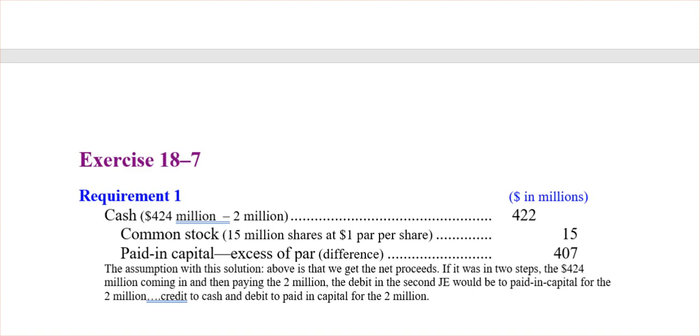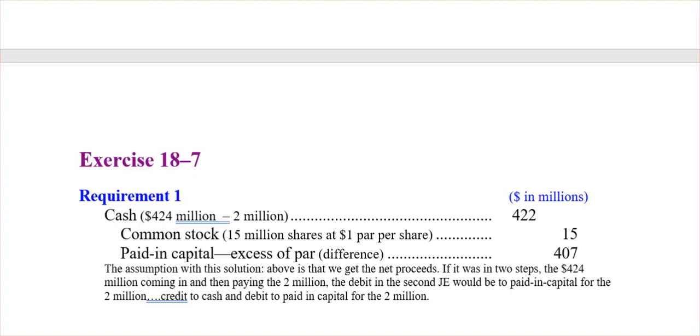If you combine those two journal entries, you may want to write it out and see for yourself. If you combine those two journal entries into one journal entry, you would get the thing that's written here. You would get 422 million as a debit, common stock credit 15, and paid in capital in excess of par for the common stock account 407, and these are in millions.